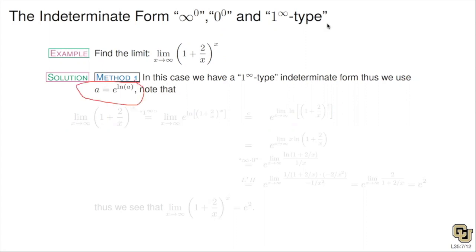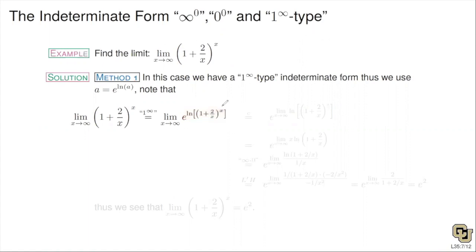We rewrite 1 plus 2 over x raised to the x, which would be the letter A here, as e to the ln of quantity 1 plus 2 over x raised to the x, like this. So you see that whole thing is up there in a ln, and that whole thing is being exponentiated. Now, the whole point of this was to use properties of the log.